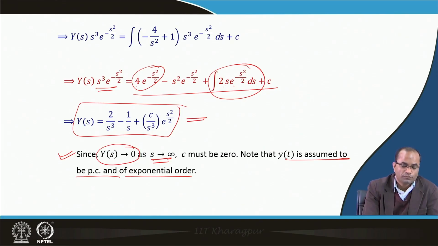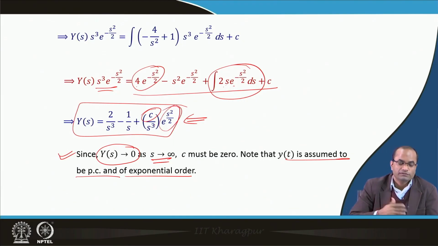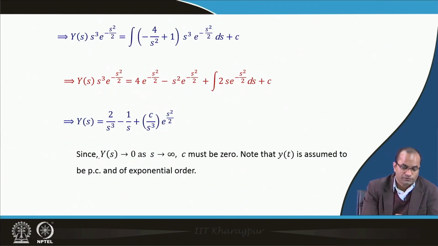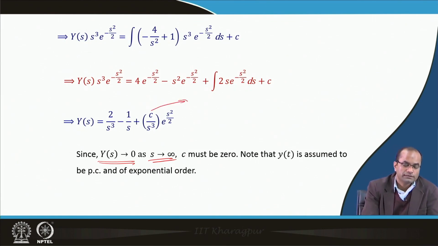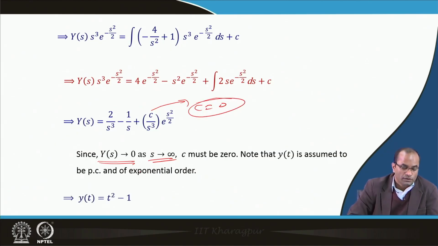So, if this property needs to be fulfilled here, then this c has to be 0, because if c is non-zero, because of this e power s square by 2, this will go to infinity. So, to have this property of the Laplace transform, that y s, the Laplace transform of this function, must go to 0 as s goes to infinity, we got that this c has to be 0, otherwise this is not possible.